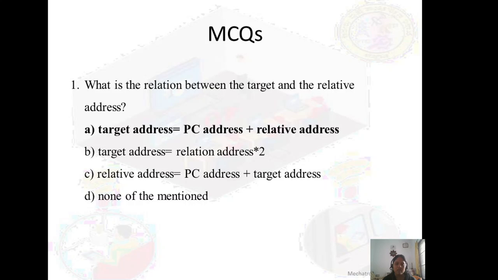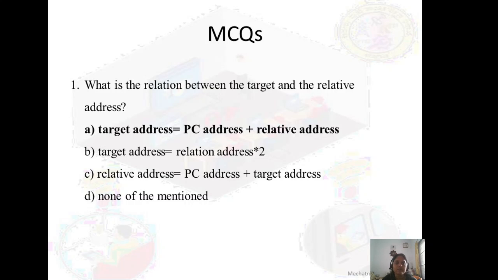Then again, the unconditional jump instructions: we are having 3 different types, that is AJMP, LJMP and SJMP. AJMP and SJMP are 2 byte instructions and LJMP is a 3 byte instruction.